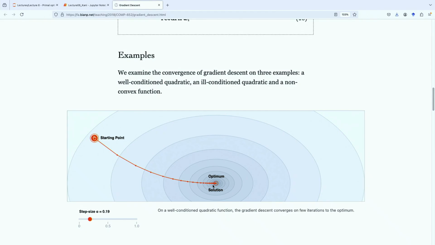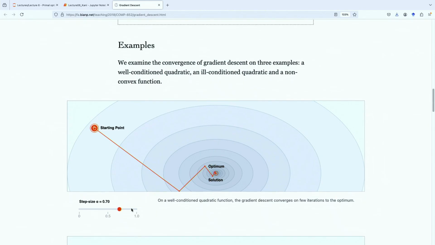So all we really have to do here is make sure the step size is reasonably small, but not too small. If the step size is too small, we're going to be waiting all day, and we probably won't get there. But if the step size is too big, oh no, it becomes unstable.